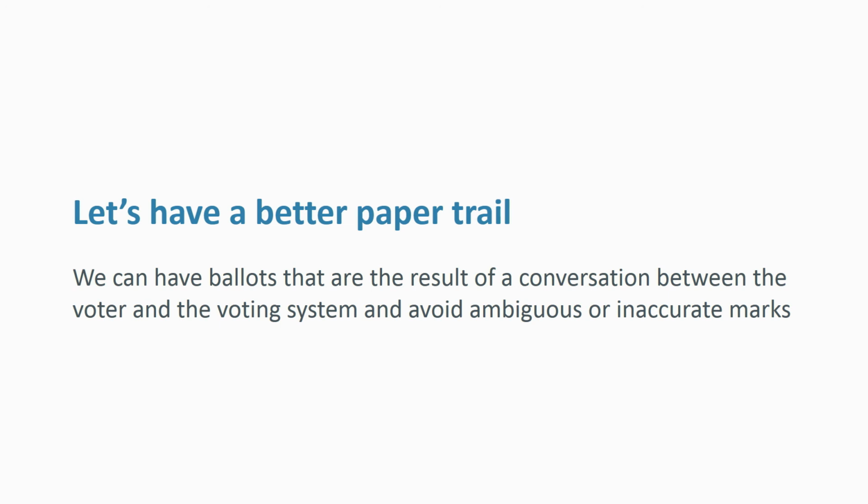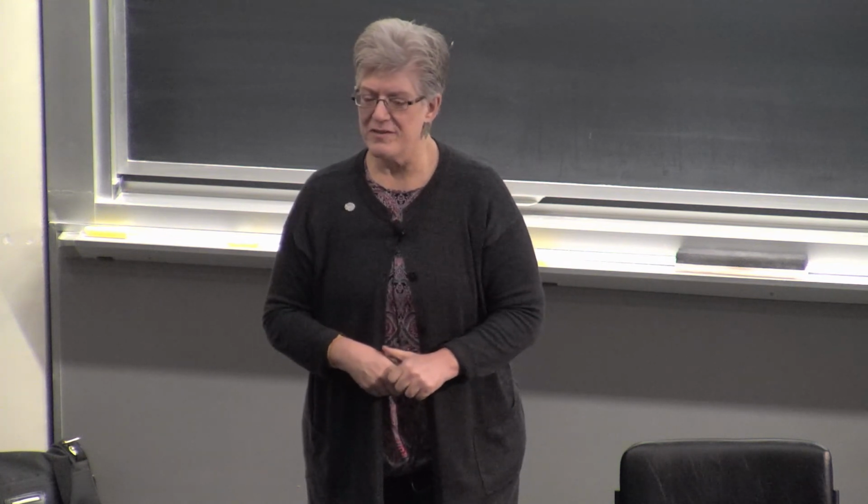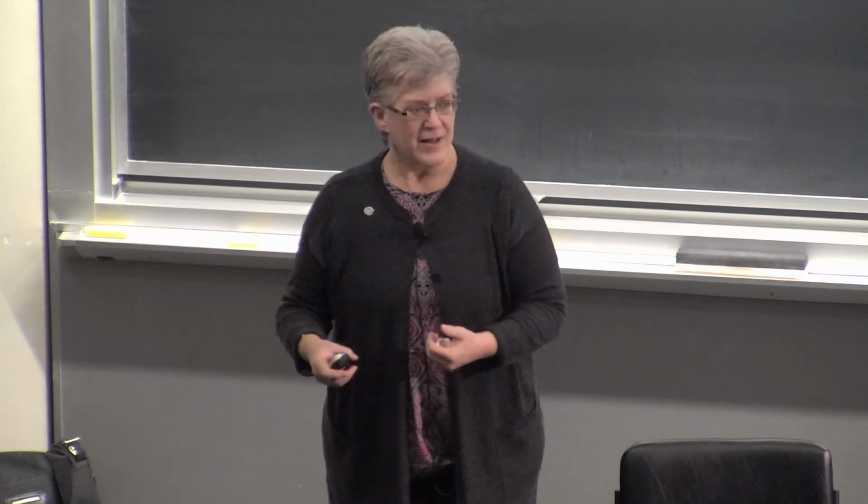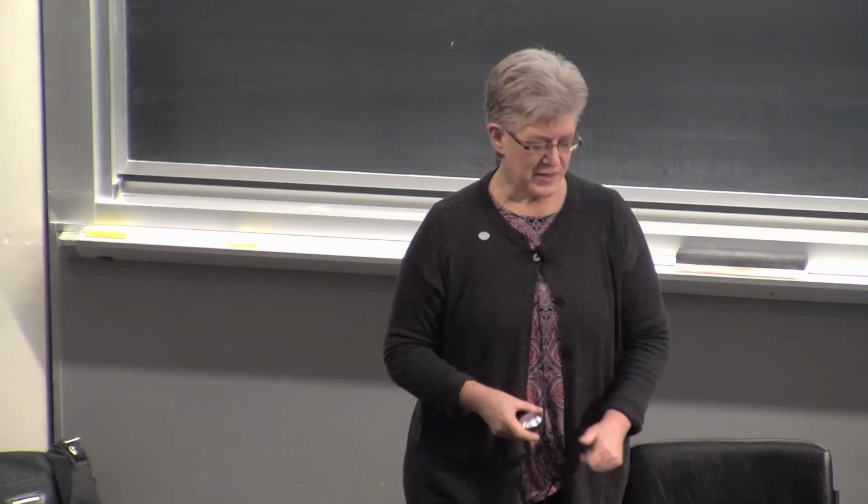But maybe the conversation should go like this. Voter comes in. There's a little conversation between the ballot and the voter in which the voter sort of says what they want to do, and the ballot then can confirm back that they heard them correctly, right, before they have to cast that ballot, before they even have to go to having the whole thing scanned.